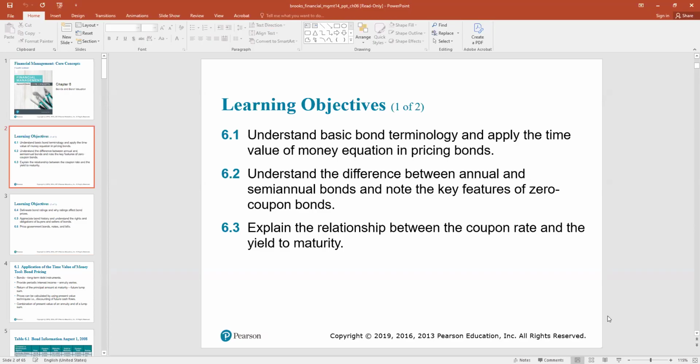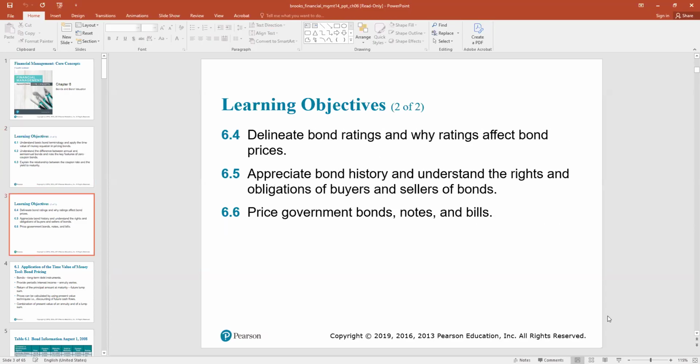Also, we'll explain the relationship between the coupon rate and the YTM, the yield to maturity. So we'll underline the bond ratings and why the ratings have impacts on the prices too. We'll appreciate the bond history and understand the rights and obligations of the buyers and the sellers of bonds. And the price of government bonds, notes, and bills will be discussed too.